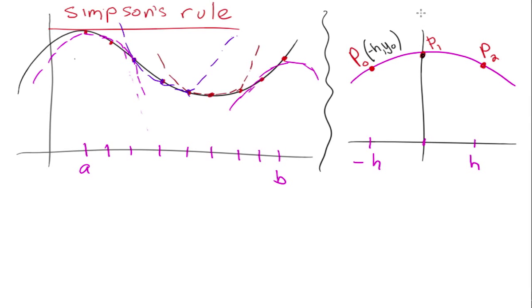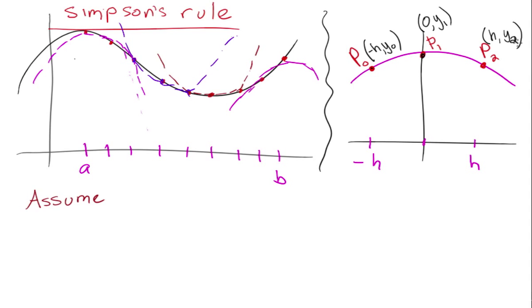Okay, and then the next one is going to be at 0, y sub 1. And then the last point is at h, y sub 2, right? Sorry, y sub 2, I don't know why I wrote y sub 1 there. Okay, so y sub 0, y sub 1, y sub 2.